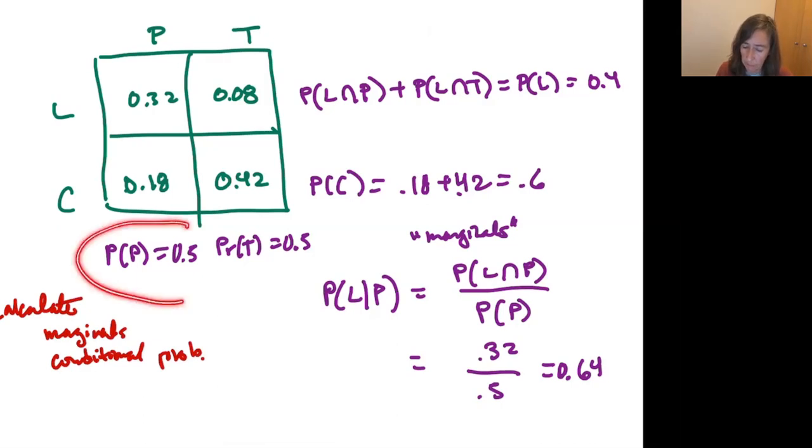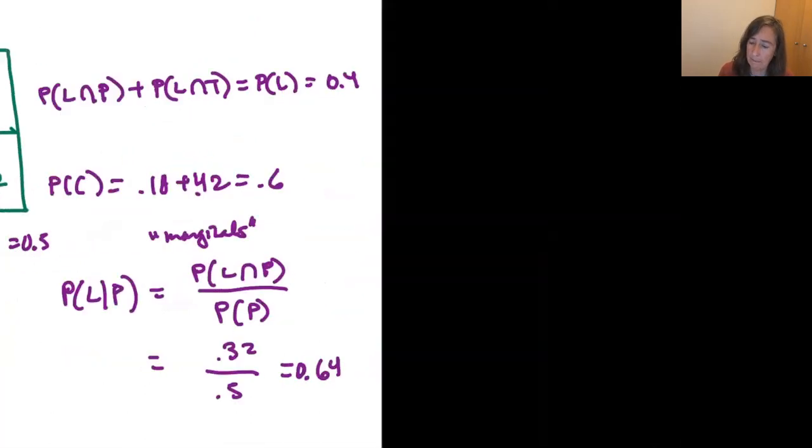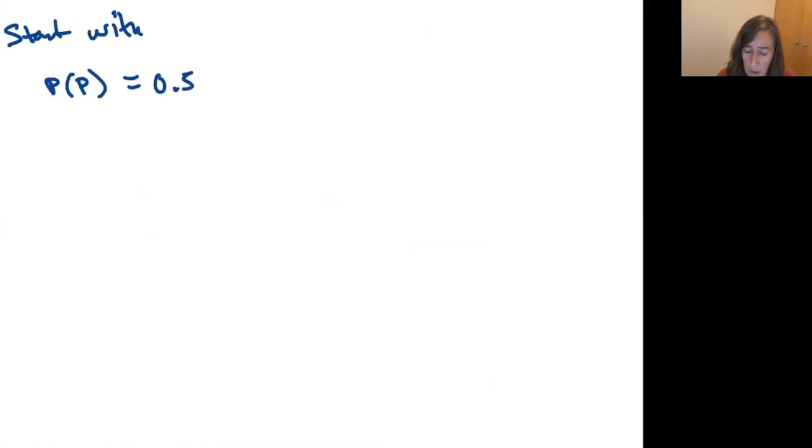Let's say that we just knew the marginals. We didn't know the conditional probabilities or the joint probabilities. Suppose we just start with the probability of being progressive is 0.5 and the probability of being liberal is 0.4.